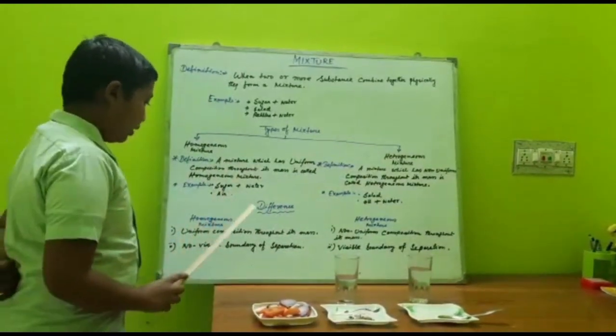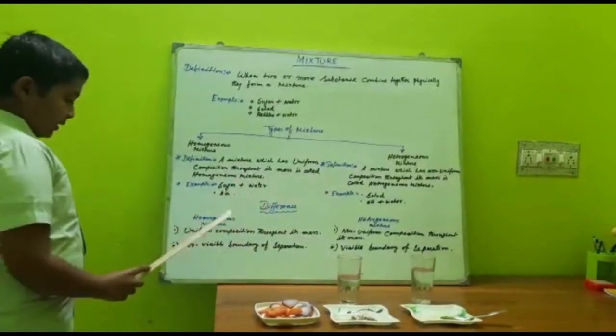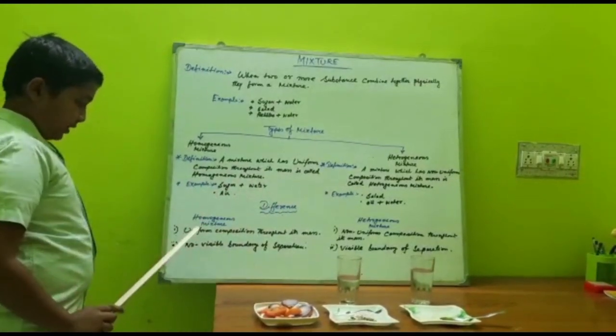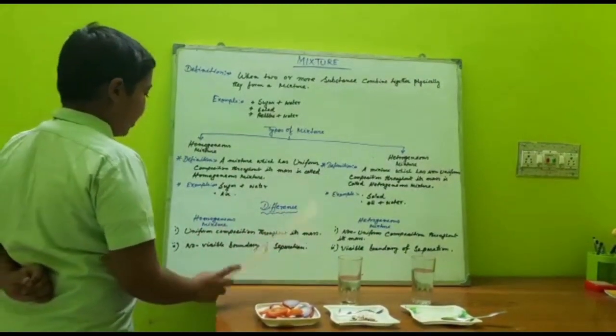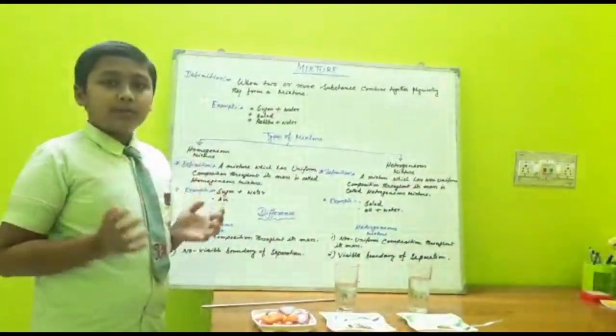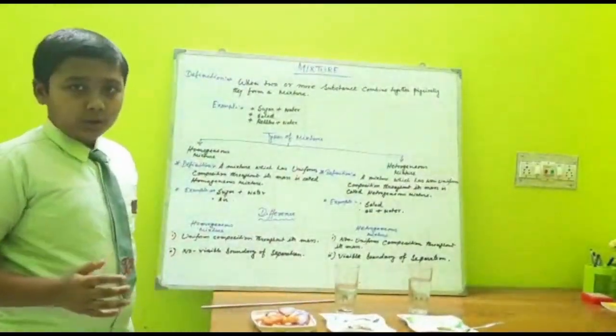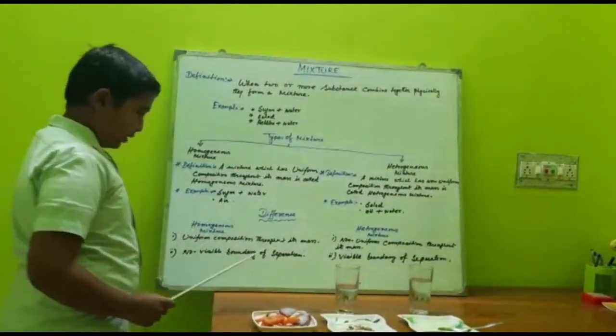Now we are going to the difference. The first difference of homogeneous mixture is uniform composition throughout its mass. Means it dissolves clearly. You cannot observe the particles. Means the solute. So it is known as the homogeneous mixture.